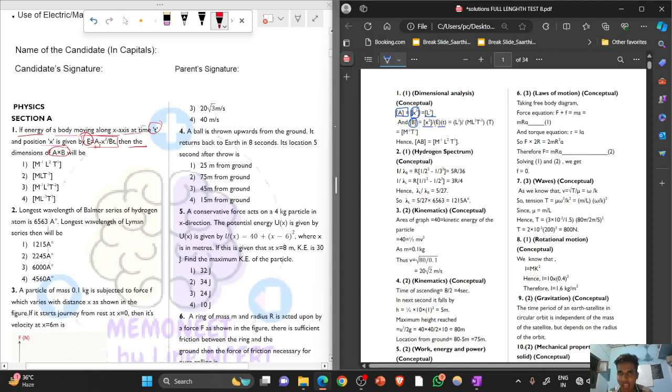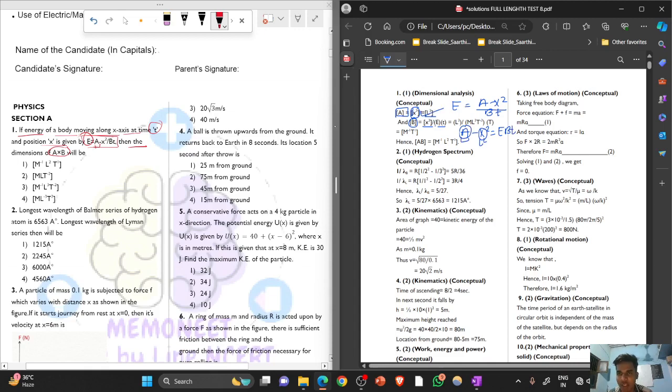As your expression is E equals A minus x squared upon bt, from here you can say that A minus x squared equals EBT. That means A should be equal to the dimension of x squared, that is length squared. So the dimension of A is L squared.